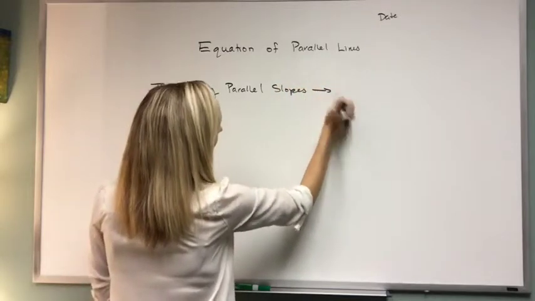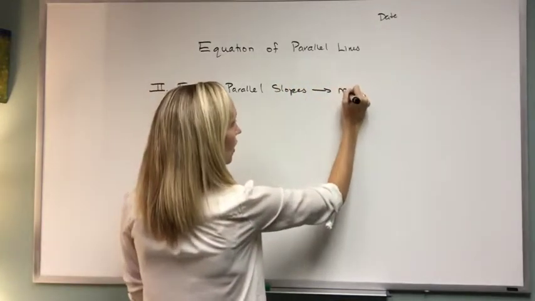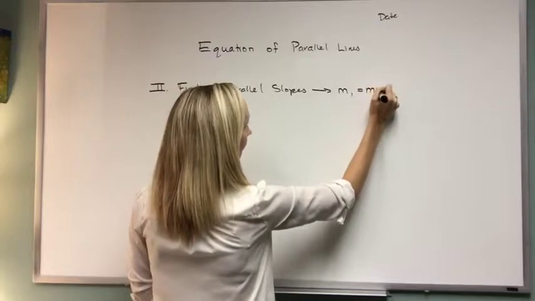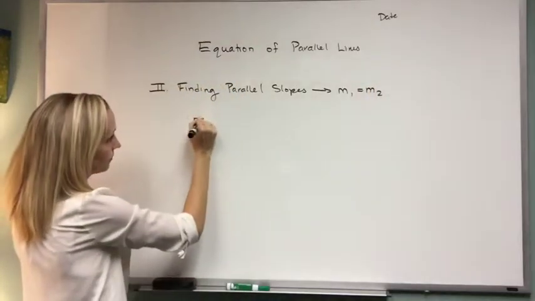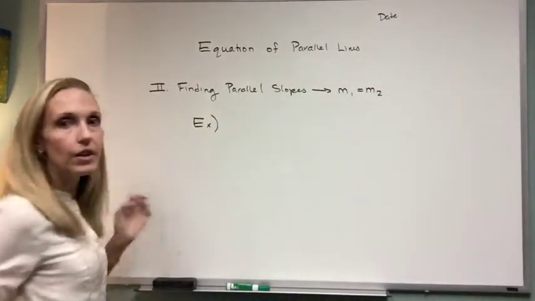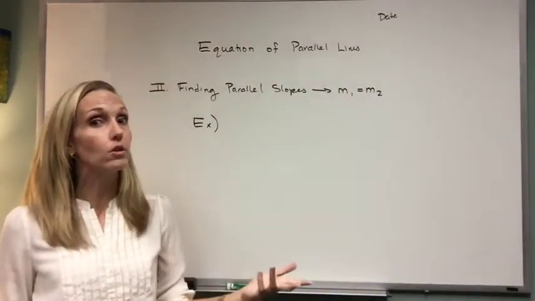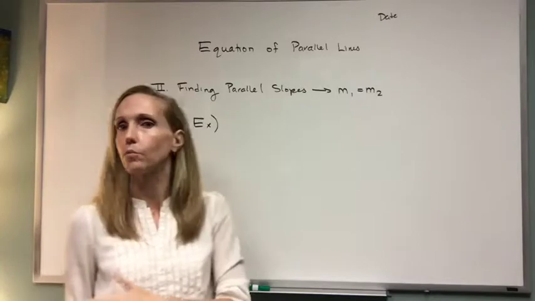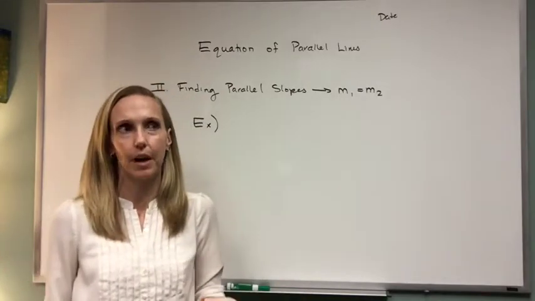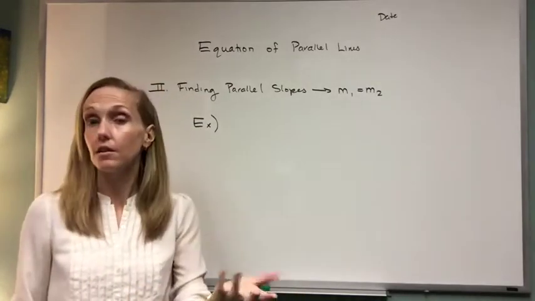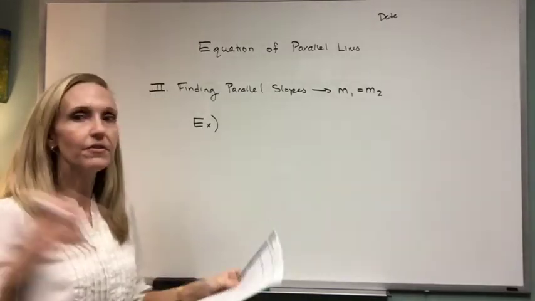And again, remember that in parallel lines, your slopes are equal. So m1 has to equal m2. So you'll either be given an equation in slope-intercept form, maybe in point-slope form, maybe in some other form, because there's standard form. We can do that too, but we always have to find the slope.